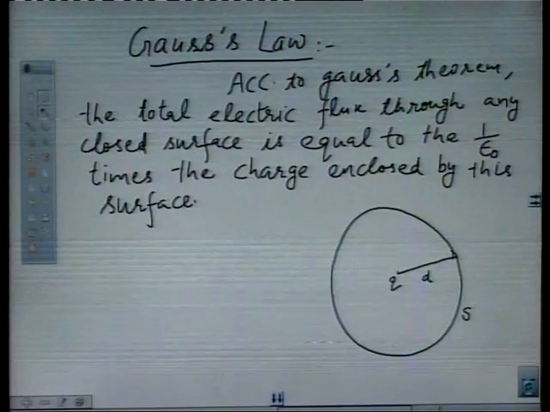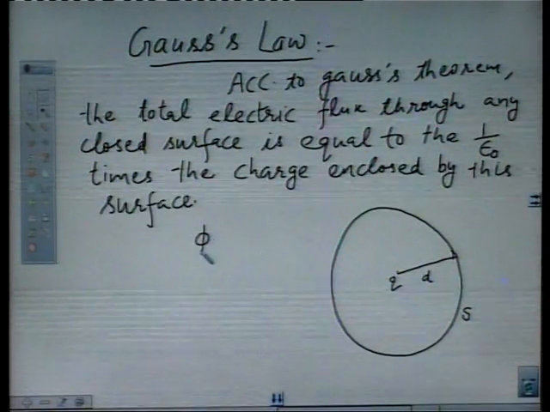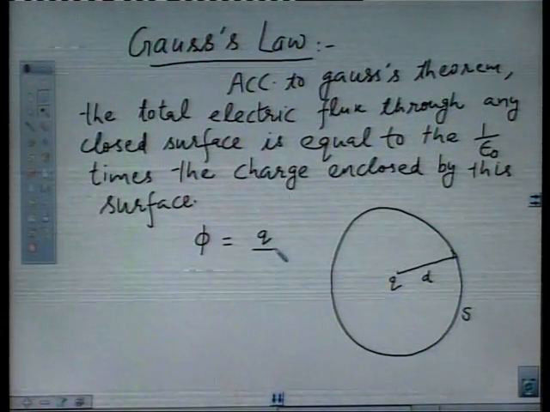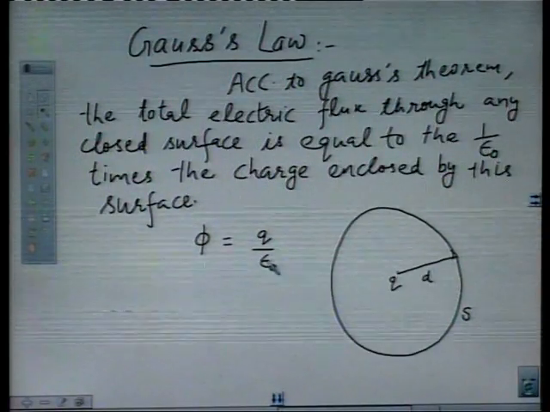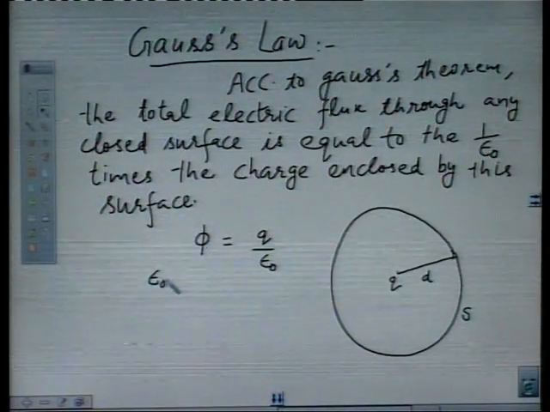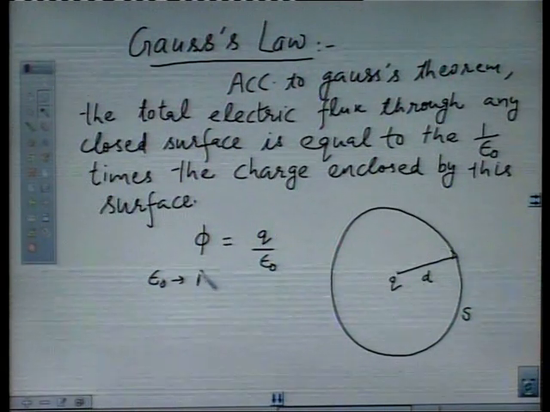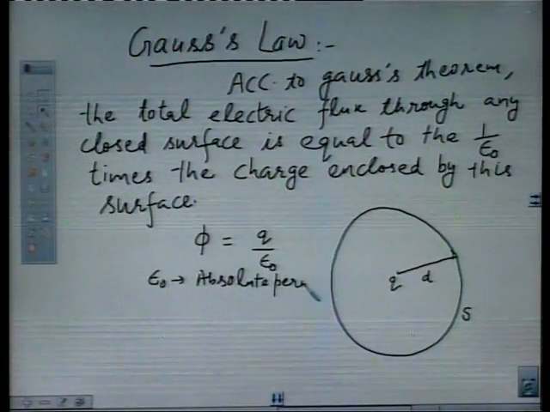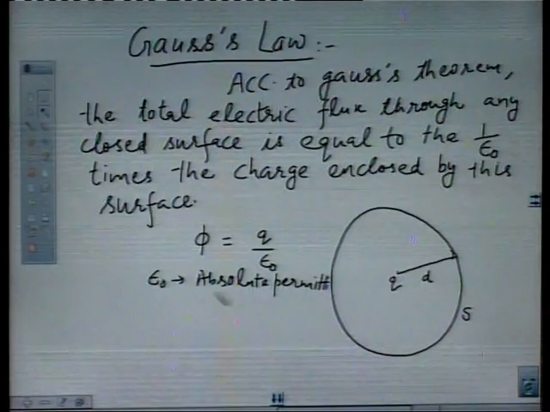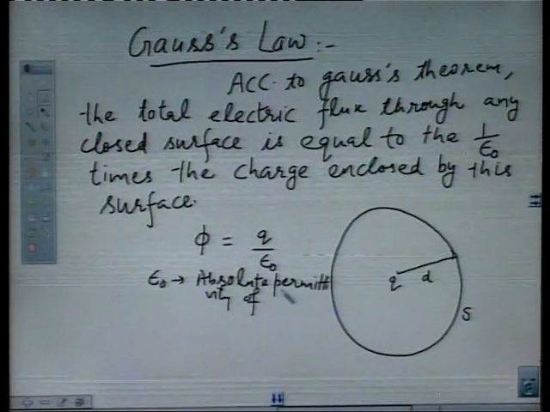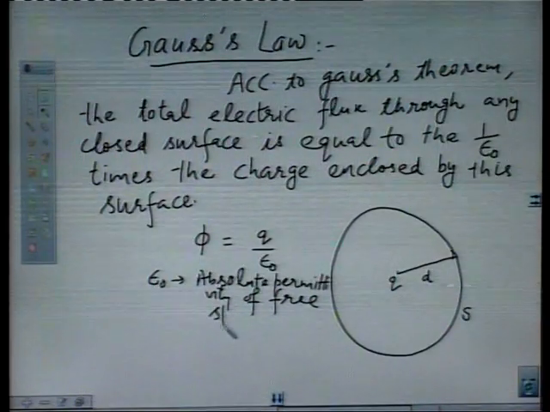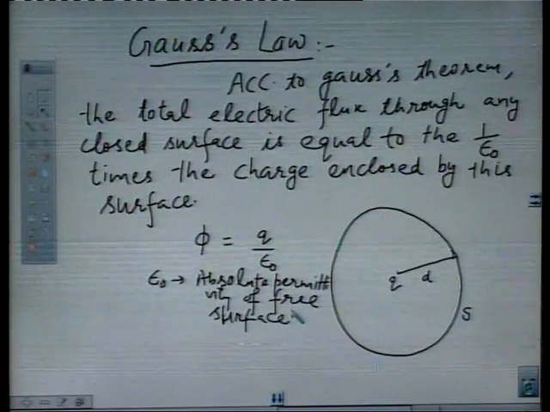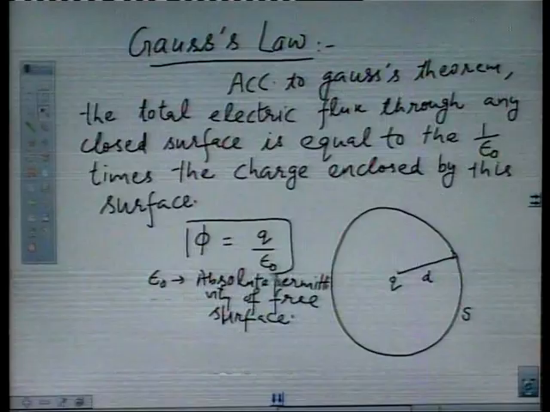According to Gauss's theorem, the total electrical flux phi will be equal to the charge enclosed inside the surface divided by epsilon naught, where epsilon naught is the absolute permittivity of free space. So, this is our Gauss's theorem.